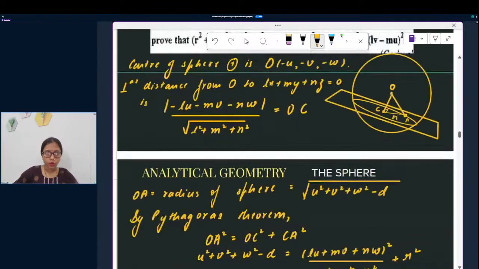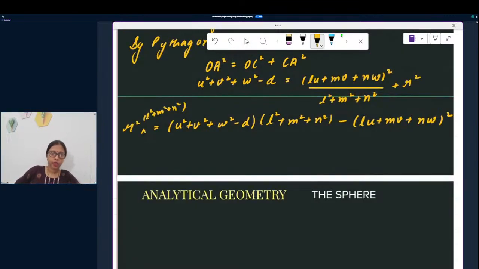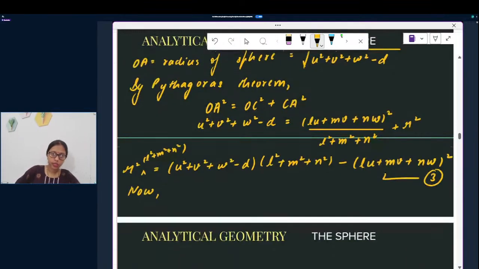Alright. Now, can you see the left hand side? If you open the bracket, it is R square times this bracket plus D times this bracket. So the left hand side is R square plus D times L square plus M square plus N square.